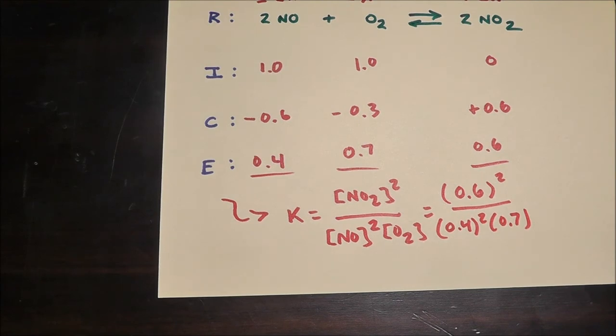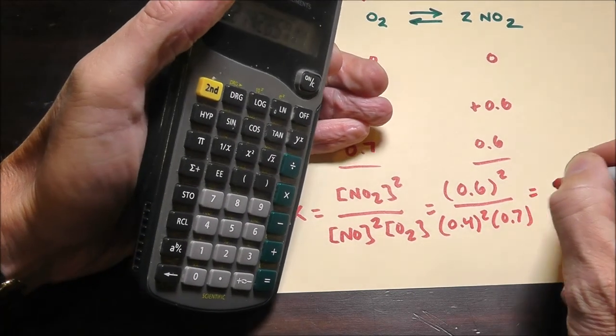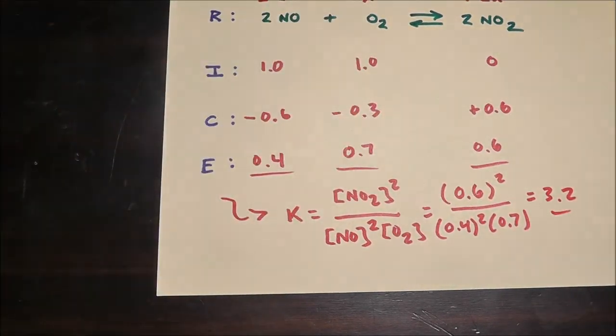And I know I just did it, but 0.6 squared divided by 0.4 divided by 0.4. And I'm just paranoid. That's my problem. So divided by 0.4 divided by 0.4 divided by 0.7 is 3.2. So that's how we would calculate the K value from the equilibrium and initial concentrations.